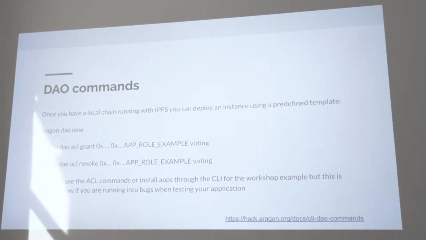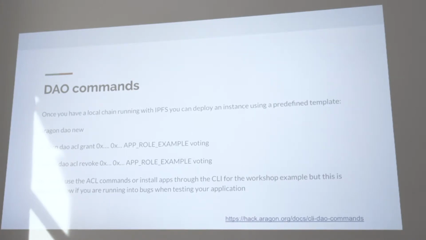So right now, if you do aragon dao new, it uses this base template, which basically gives you access to the voting app, the token manager, I think maybe the finance app is now part of the base, I'm not too sure, and the vault, which is essentially a multi-sig. Those come out of the box for you. Your DAO is pre-installed with those things and has all the correct permissions configured for you.